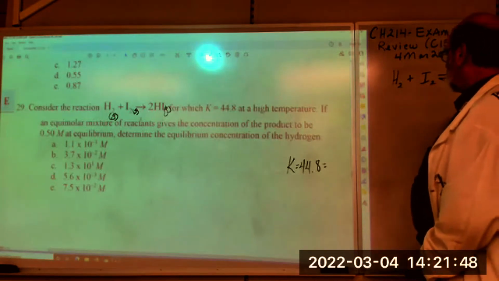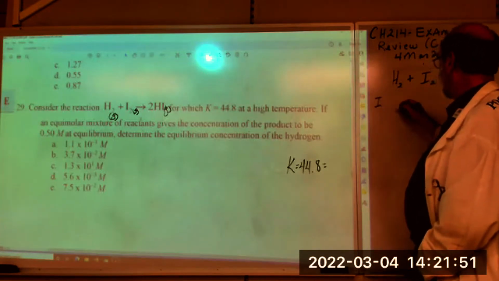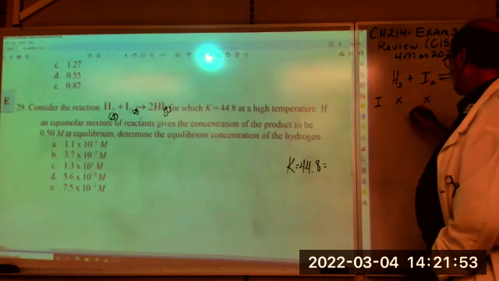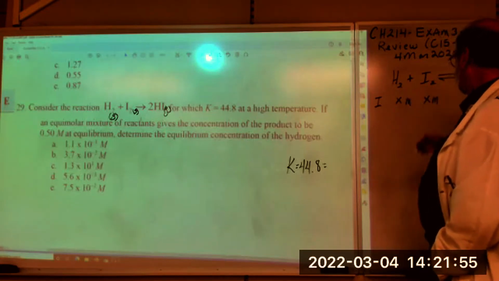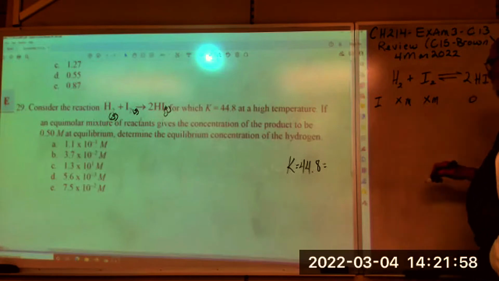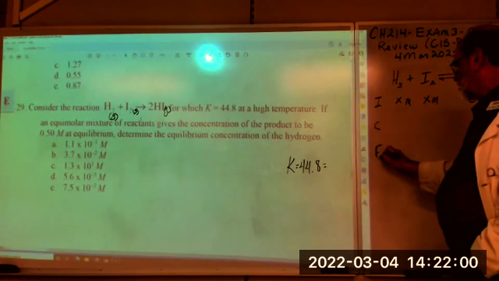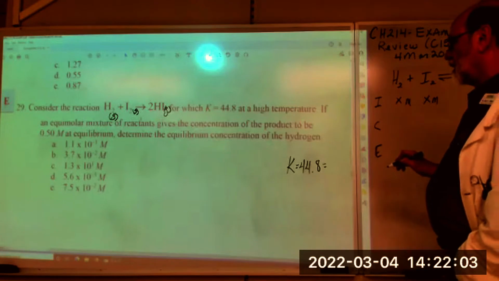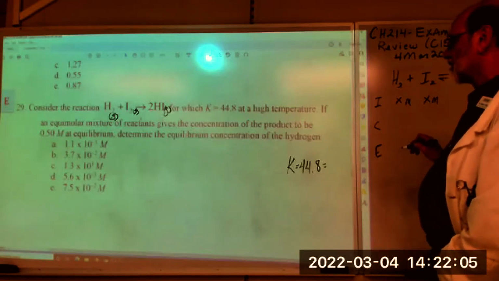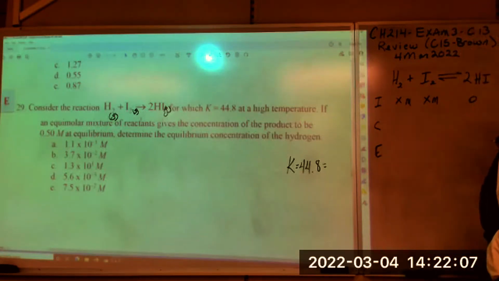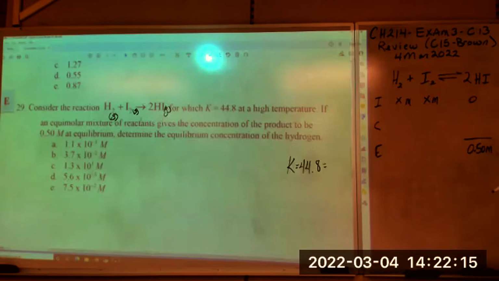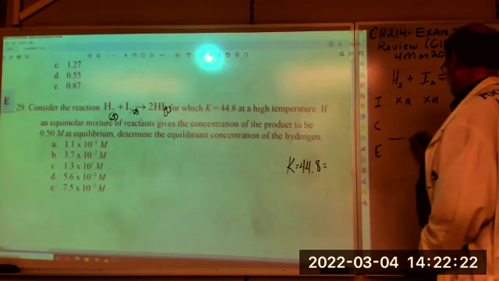Since they don't tell you that, I wonder if this isn't even necessary. Equimolar amount of reactants. So initially we have equal amounts of that and nothing of this. Concentration of the product to be 0.5 molar. What's the equilibrium concentration of hydrogen? Okay.